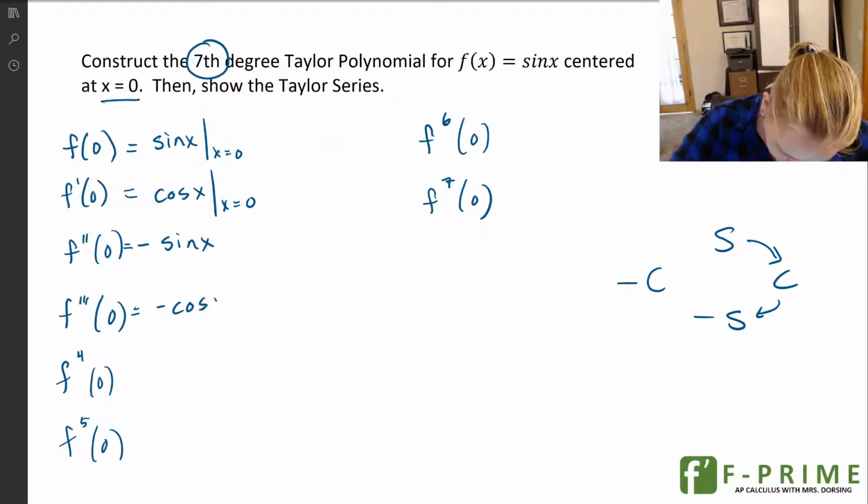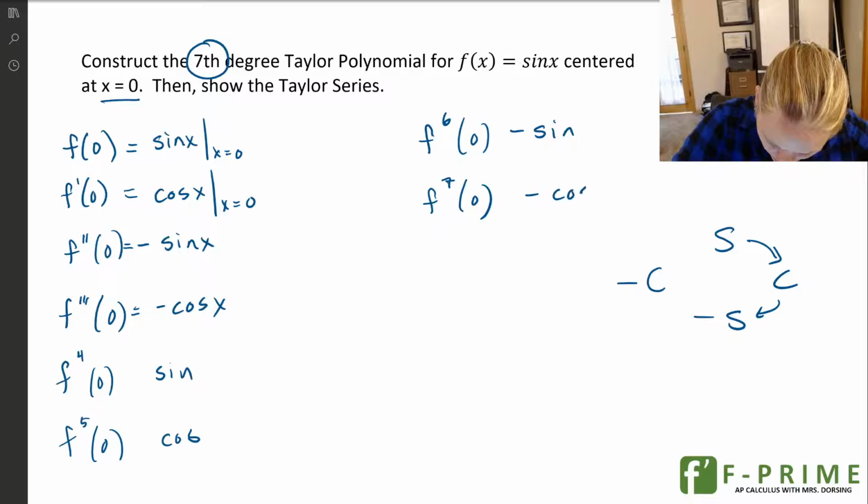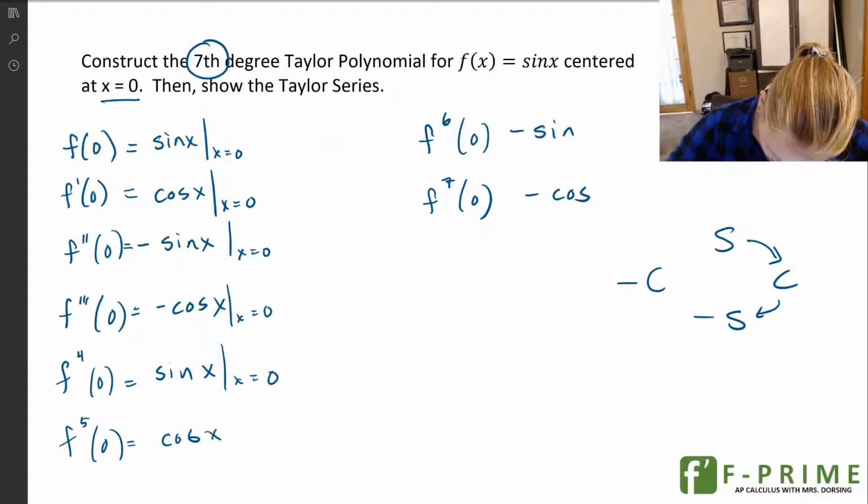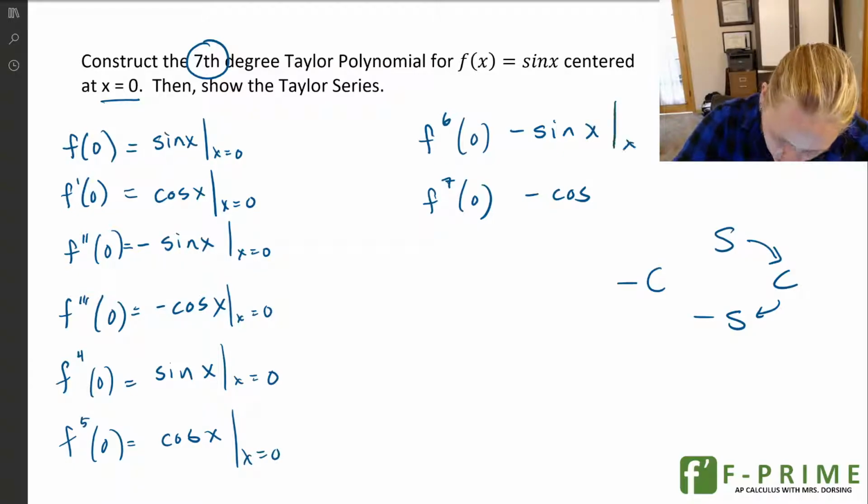Negative cosine, sine, cosine, negative sine, negative cosine. So let's go clean it up. So I'm making sure to use proper notation here.